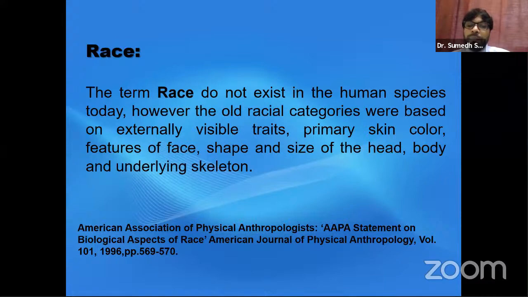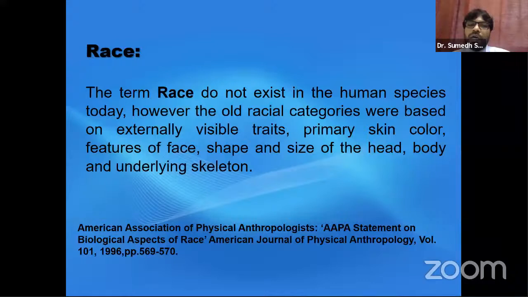In the American Association of Physical Anthropologists, there was one statement published, the AAPA statement on biological aspects of race, in the American Journal of Physical Anthropology in 1996. So this anthropological congress said you are not going to call the term race as such.